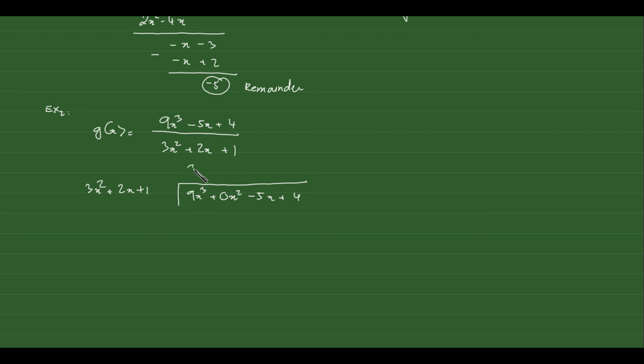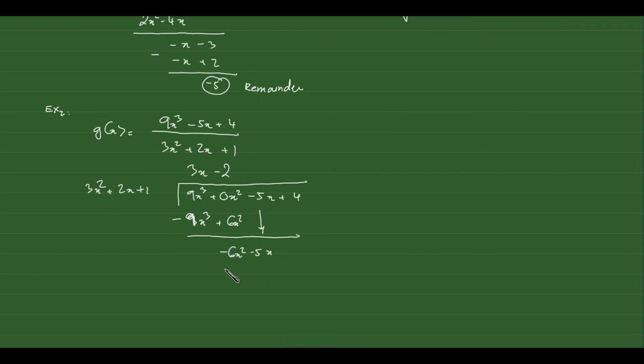Alright, this going into this gives you 3x. Distribute them back: 3x to the third, 6x squared. Do a quick subtraction, which gives you negative 6x squared. Drop negative 5x down. Now 3x squared going into negative 6x squared gives negative 2, only negative 2, not x, because x squared divided by x squared is 1.